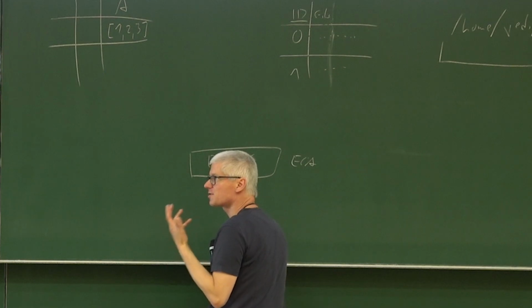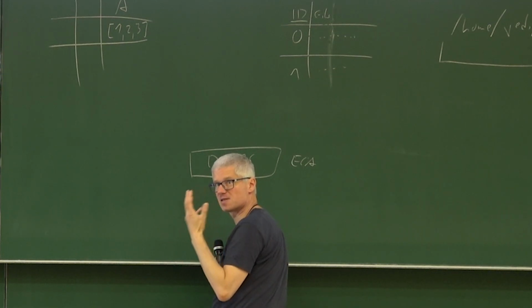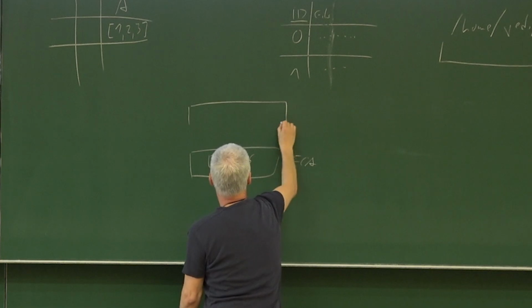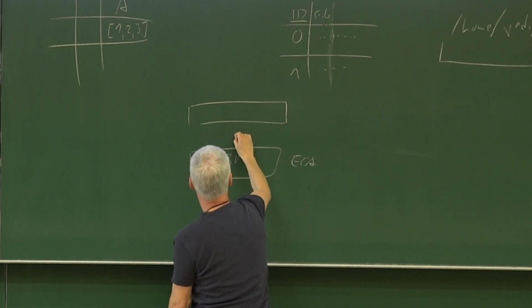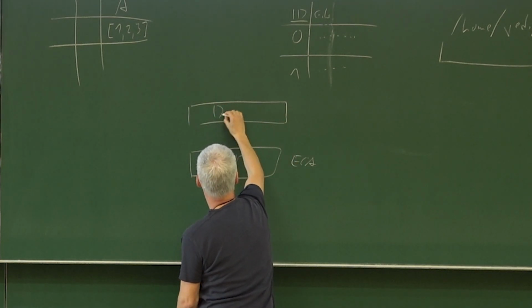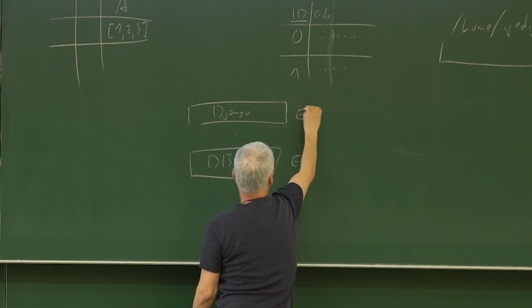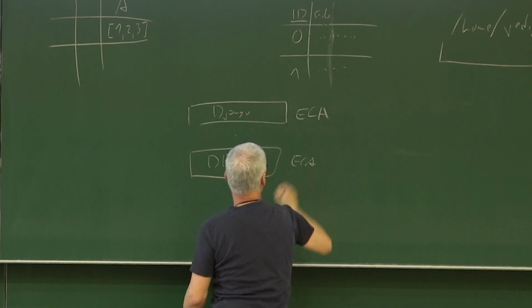Again, this is a question of where you implement which functionality. It's an instance of that again. Operating system and so on. But here's Django, and you could also implement your ECA rules here.